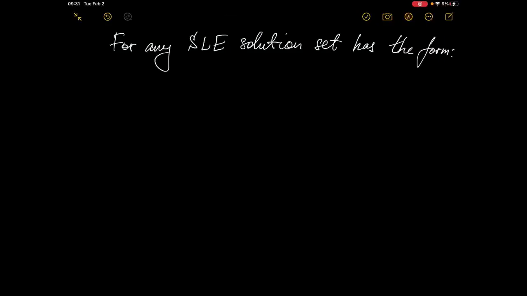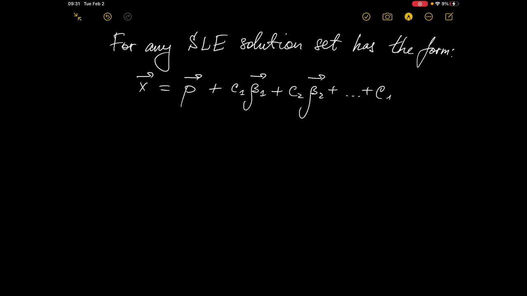Essentially, our x is p plus c1 beta 1 plus c2 beta 2 plus and so on plus ck beta k, where c1, c2, ck are real numbers.